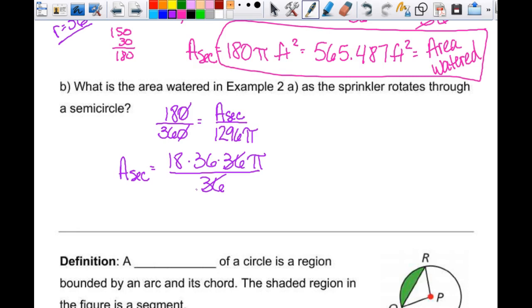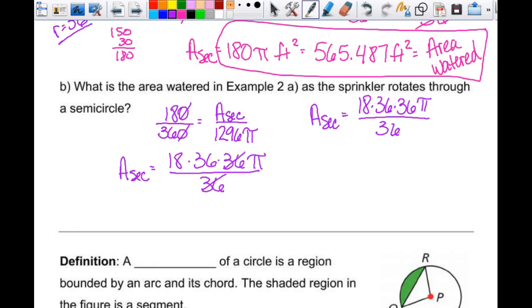Now I'm just doing 18 times 36. Okay, well that kind of stinks, right? So let's think about maybe there was a better way we could have canceled things out. Maybe instead of that, I have area of the sector is equal to 18 times 36 times 36 pi over 36.